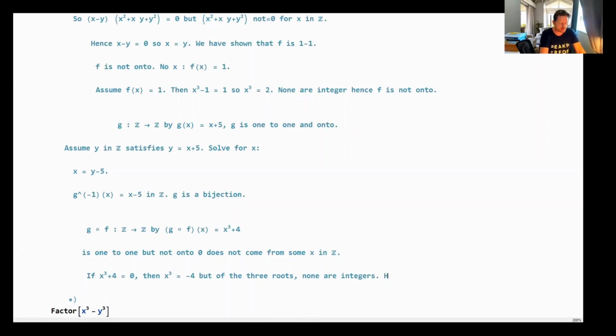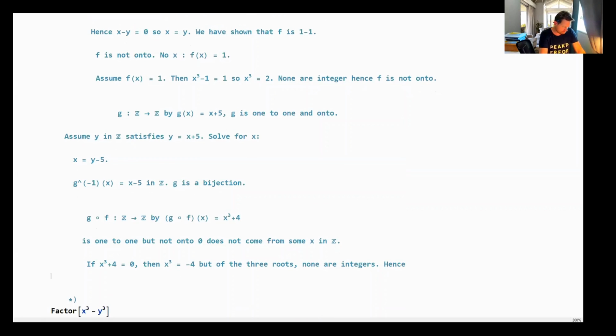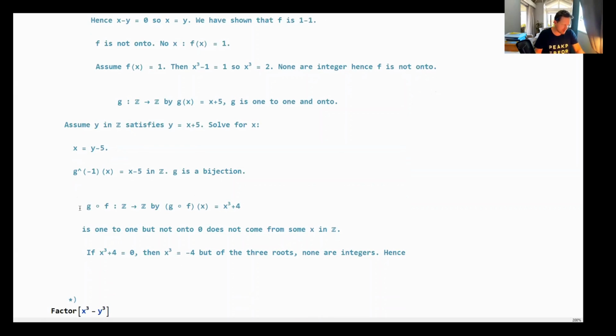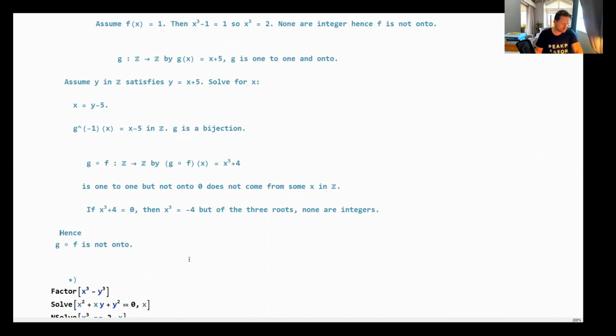Okay, hence this map is not onto. It's not onto, not surjective. Surjective is another word for onto. Injective is another word for one-to-one. Okay, great. So we've got that.